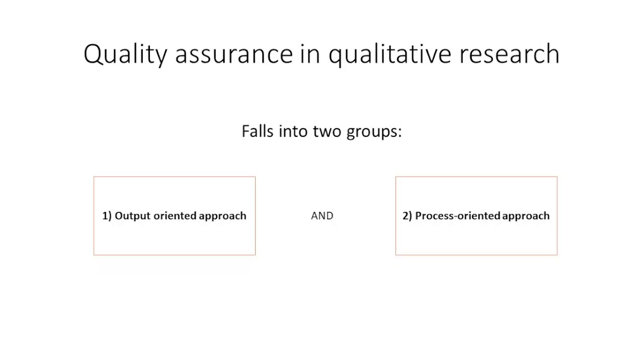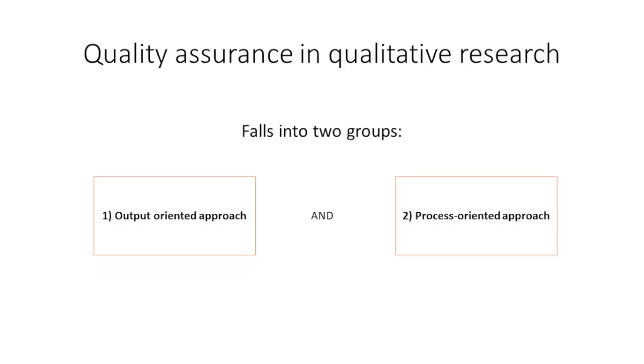The review concluded that these fell into two main groups. One is the output-oriented approach, and the other type of quality assurance and criteria fell into what they called the process-oriented approach. So two groups: an output-oriented approach and a process-oriented approach.